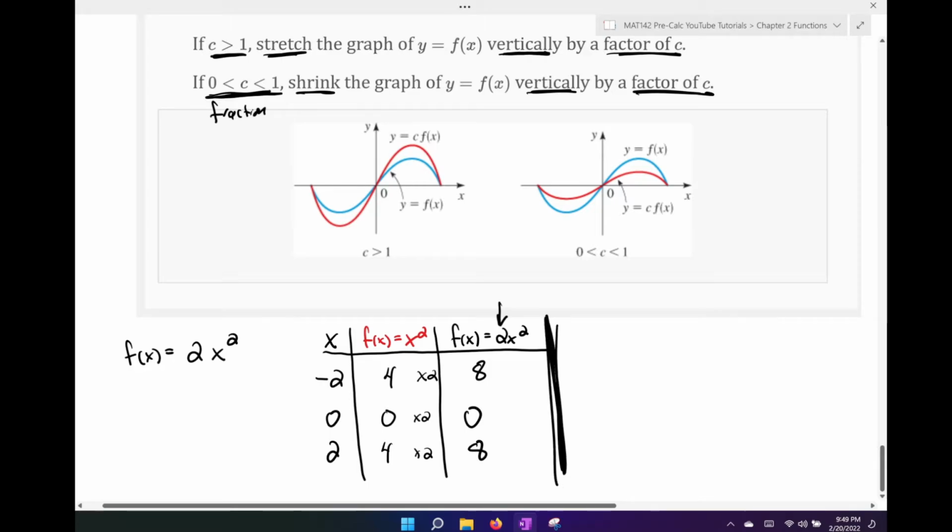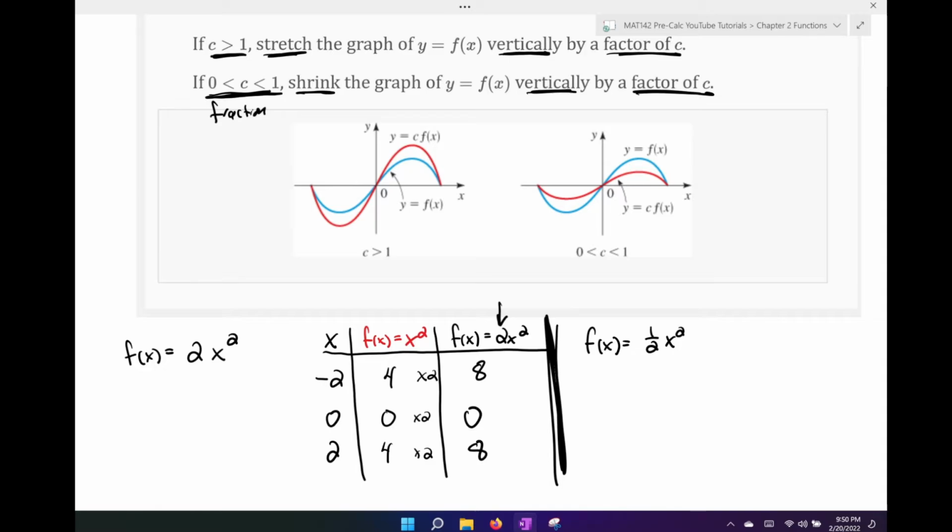Now what I'll do here is I'm going to do basically the same exact example, except we're going to make this a fraction, so we know we're going to be shrinking this graph vertically by a factor of 1/2. So all my y values now are going to get real small very quickly.